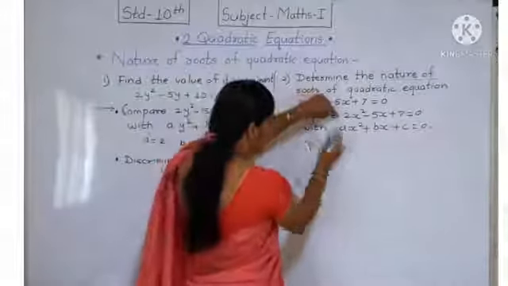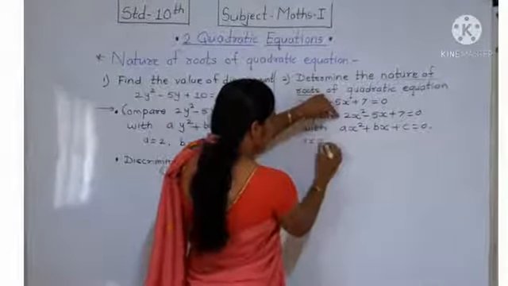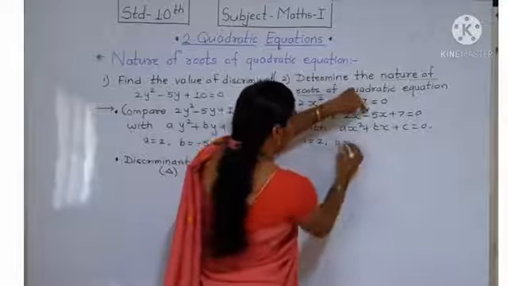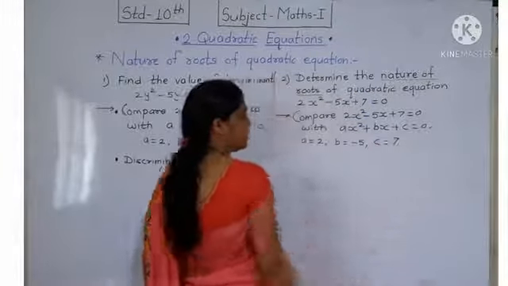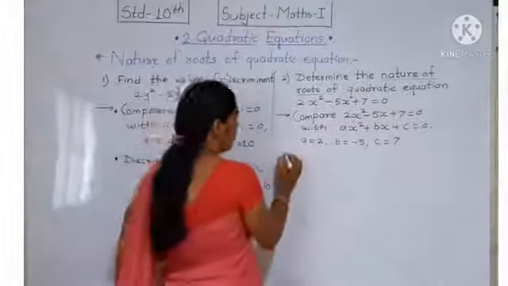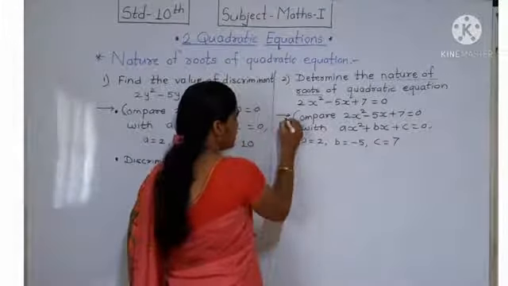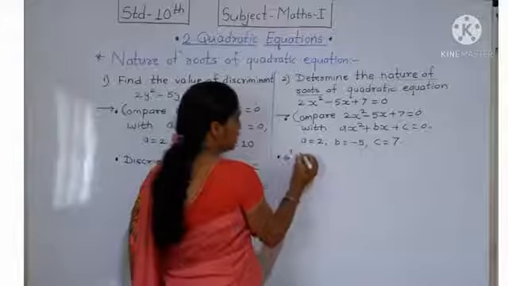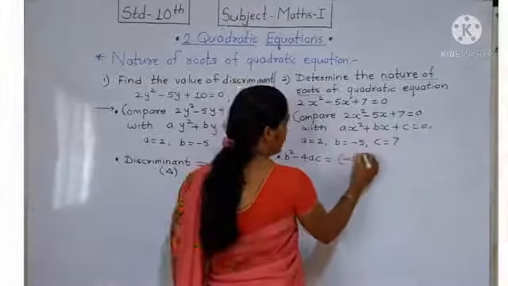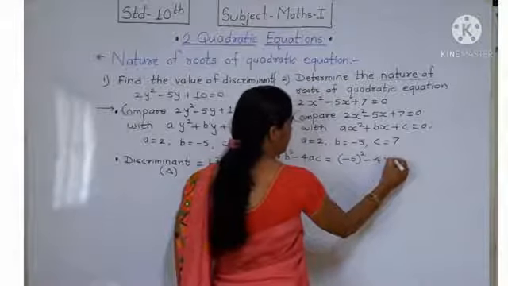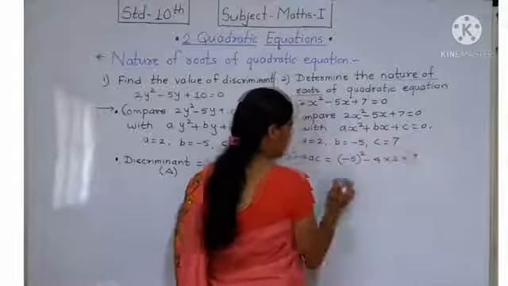We get, what is the value of a? a is equal to 2. What is the value of b? Minus 5. And what is the value of c? 7. Now find b square. This is the first step. Second step, find b square minus 4ac: minus 5 square minus 4 into 2 into 7.